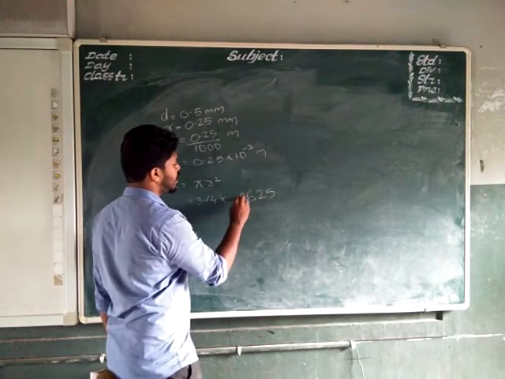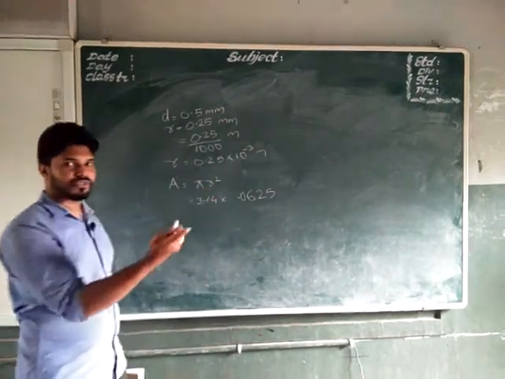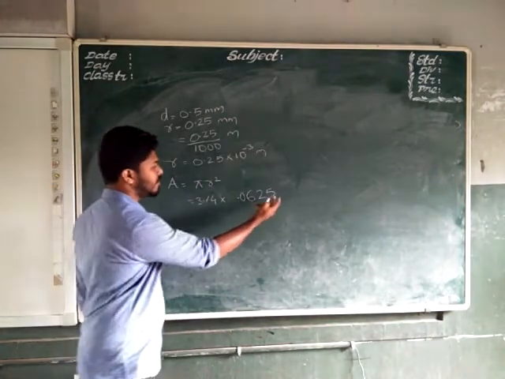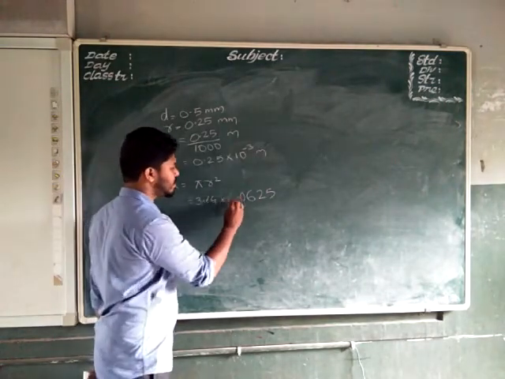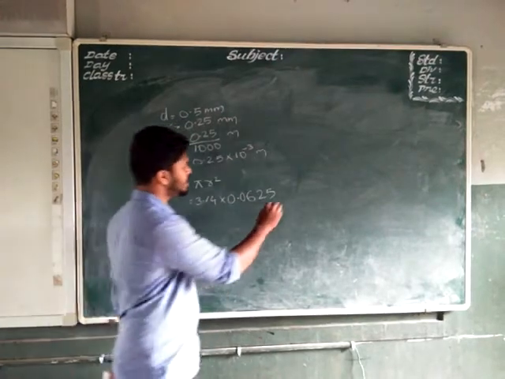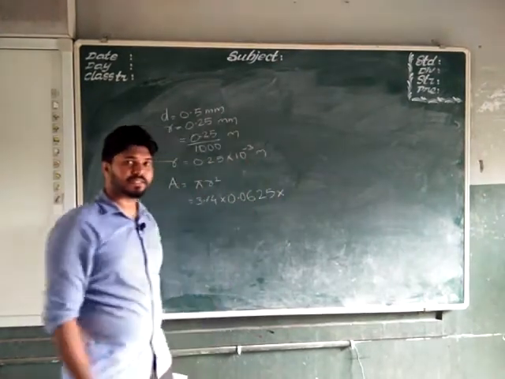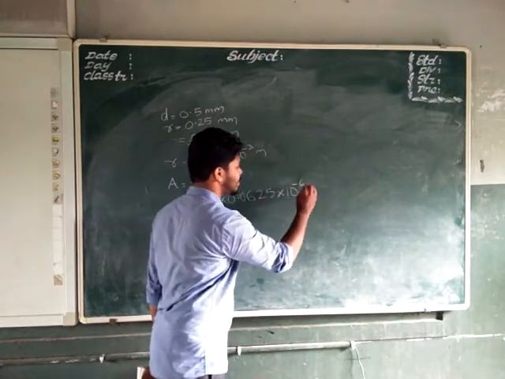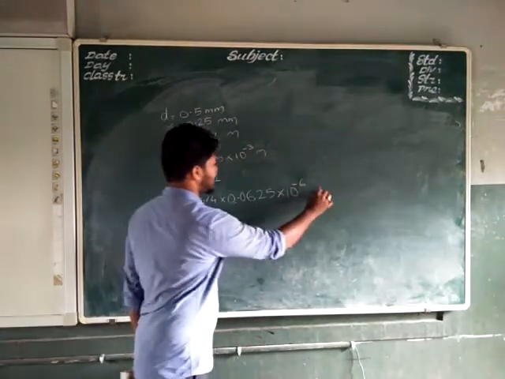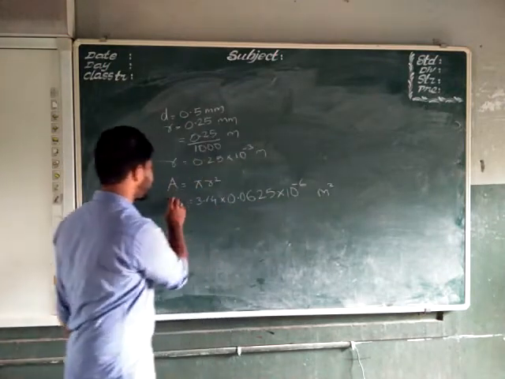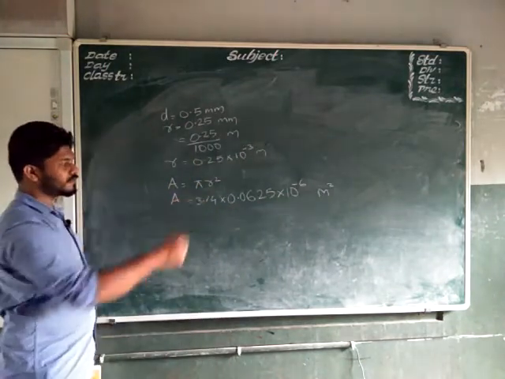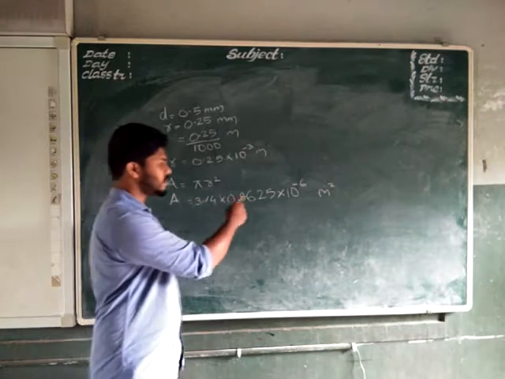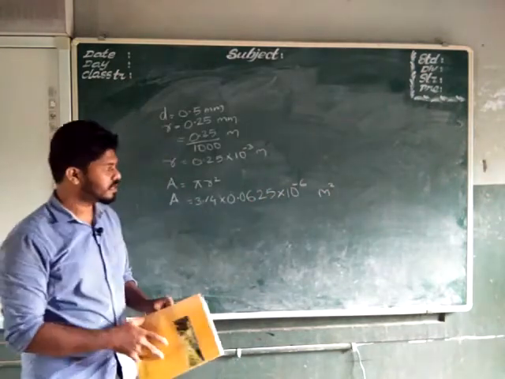Then, as it has two digits after the decimal, I have to consider 4 digits after the decimal: 0.0625 into, what is the square of 10 raised to minus 3? It's 10 raised to minus 6, right? So this much meter square. So the area I got is 3.14 into 0.0625 into 10 raised to minus 6 meters square.